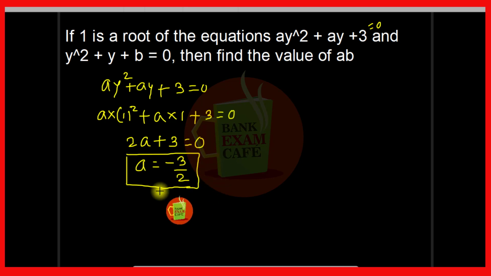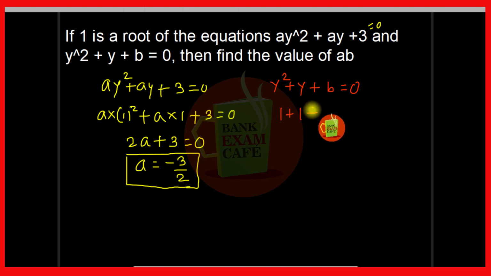Here you have got the value of a is equal to minus 3 by 2. Highlight this first answer. Now take the other equation, that is y square plus y plus b, which is equal to 0. Since 1 is a root of this equation, put y equal to 1 because it should be satisfied by this equation. So 1 square will be 1, plus 1, plus b is equal to 0, and 1 plus 1 will be 2.